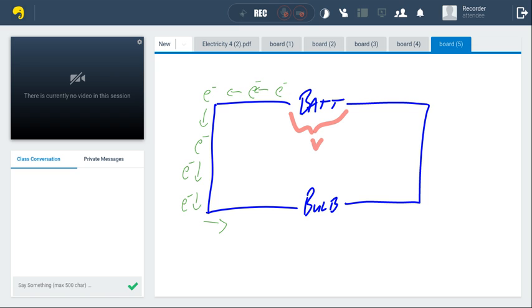The bulb is just going to heat up, and it's going to give out heat, but most importantly, it's going to give out light. It's going to use up some energy, and then the electrons are going to continue back along and into the other end of the battery, into the other terminal of the battery. So that's our basic circuit.